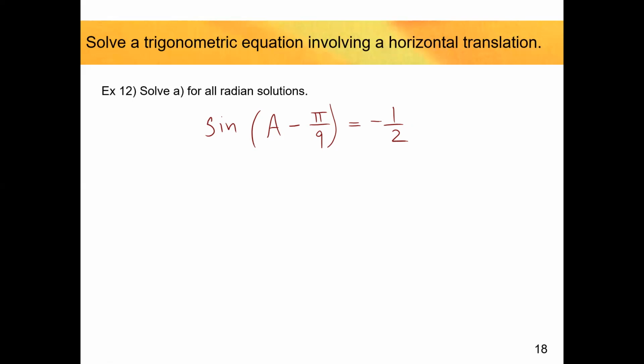You're going to have to deal with fractions and radian measurement here. I think you guys can handle it. Give you guys a minute. Try it yourself.